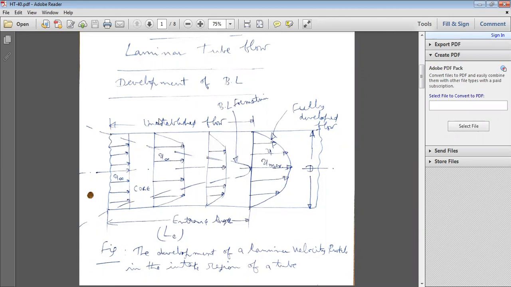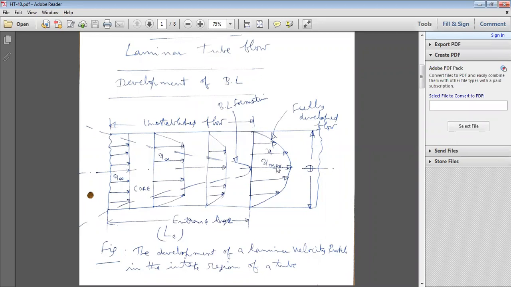So for laminar flow in a tube, up to a certain entrance length there is unestablished flow, and after the flow stabilizes there is fully developed flow with this velocity profile. We have to find the velocity distribution equation, that is, how the velocity is distributed. It is parabolic in nature: at the center the velocity is maximum, and going upward it slowly decreases, reaching zero at the wall of the pipe.